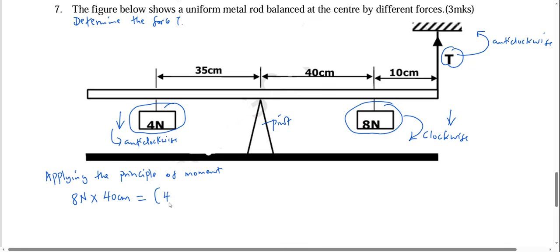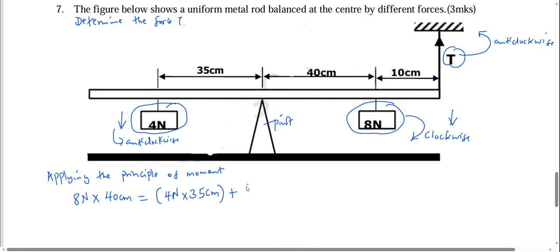We have 4 Newton multiplied by its distance from the pivot, which is 35 centimeters. Then we add the tension T multiplied by its distance. Its distance is 40 centimeters plus 10 centimeters.